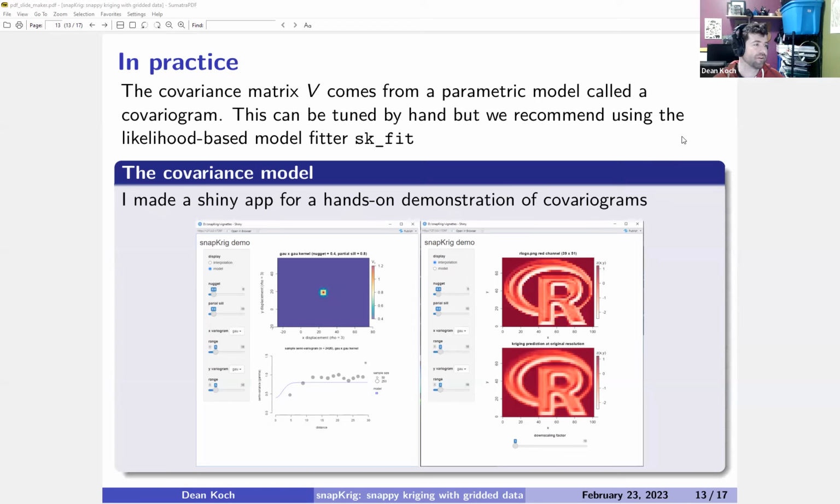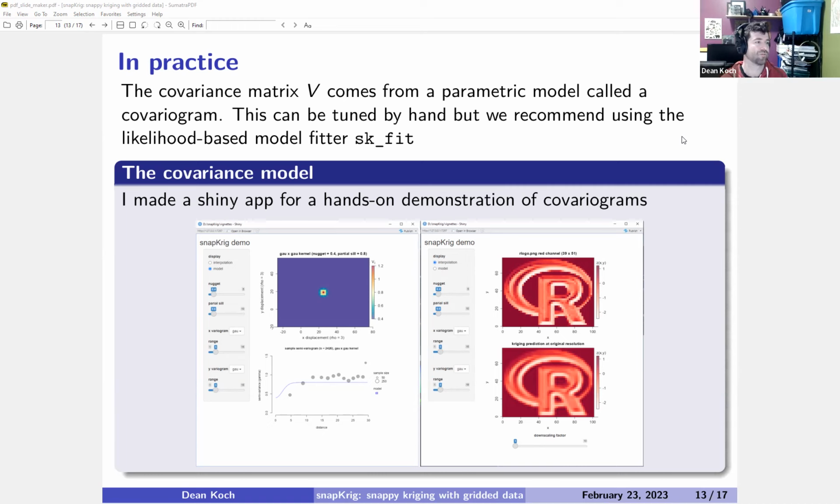And by that, I mean, you could use a semi-variogram and pick the parameters that kind of make your model curve line up with these sample values. But I would argue that that's kind of an unreliable way of fitting your model. So much better to use a likelihood-based method. And snapKrig provides an automated likelihood maximization function. And it's called SKfit.